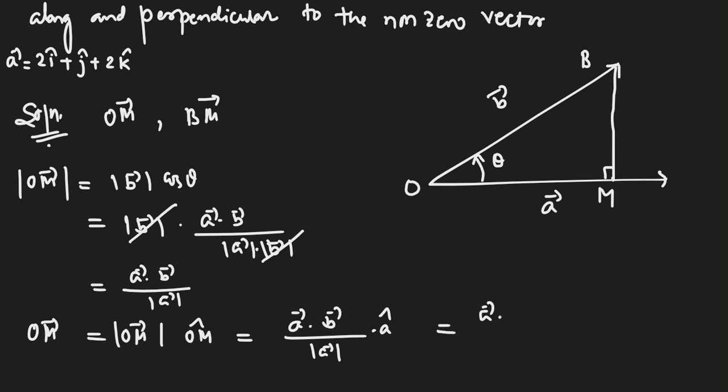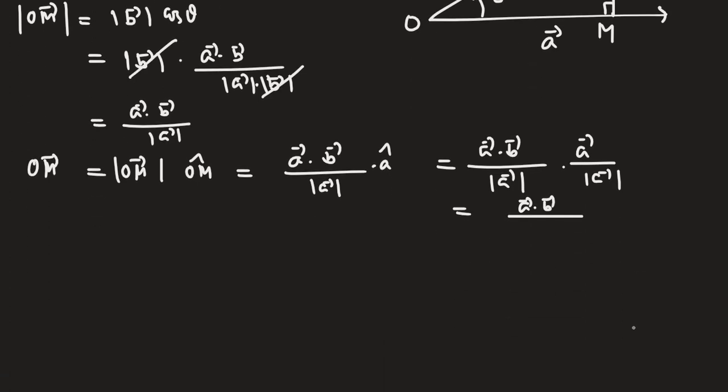So this will be A dot B by mod of A, and A cap is A vector by mod of A. So actually we have A dot B divided by mod of A square, then this scalar is multiplied with the vector A. This thing is the OM.